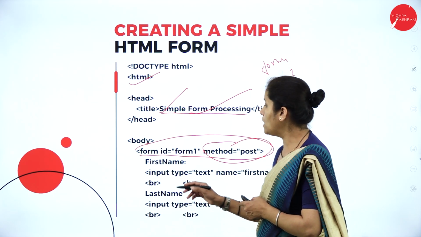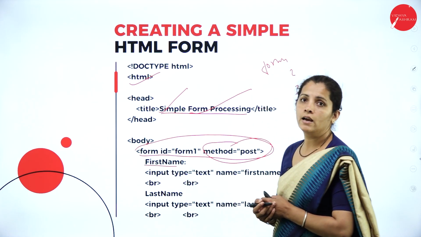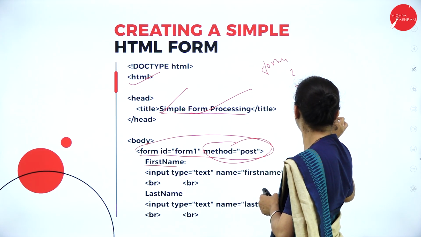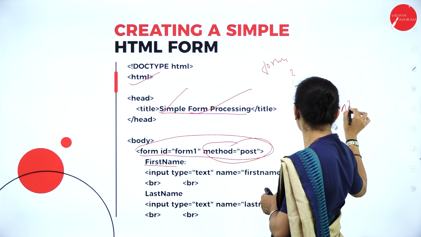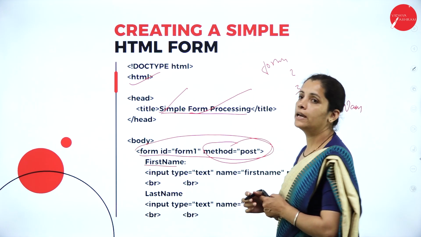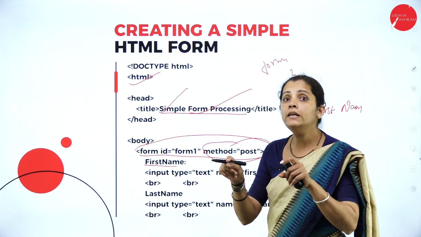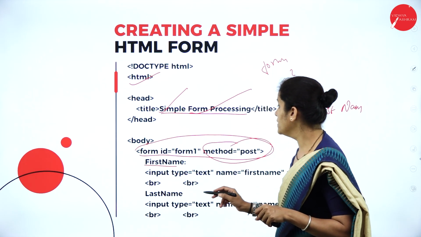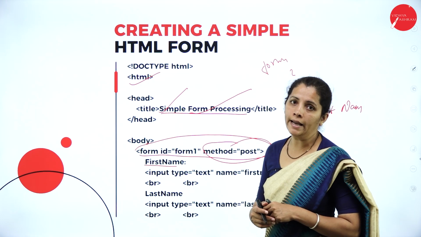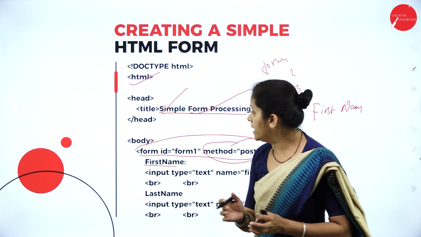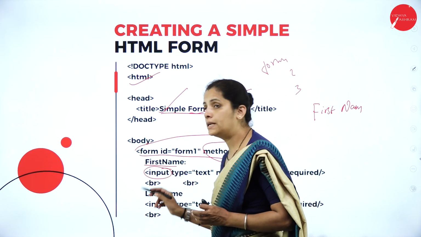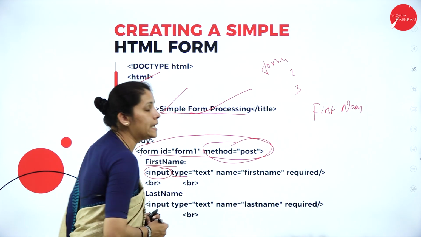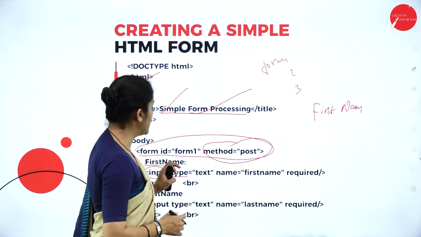Then I want to write the method, as GET or as POST. Now first, I want to get the first name, a single line input. For that I'm going to have the text box. So dear student, input is the tag, where type is the attribute used to specify the type.